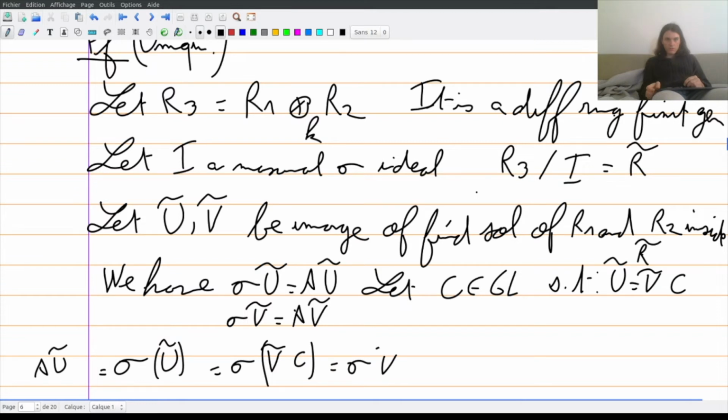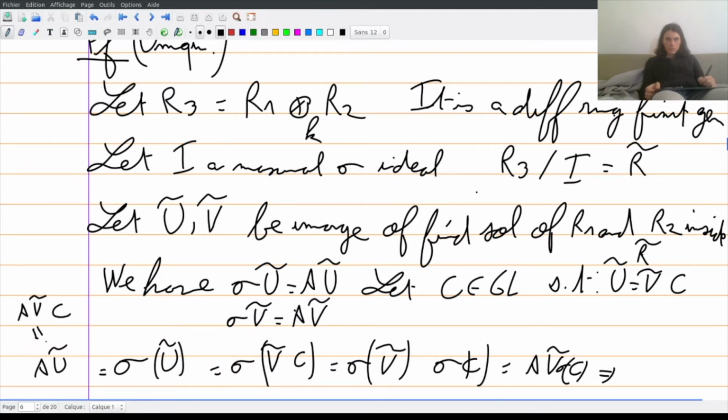I use the fact that it's a ring morphism, and so sigma of C. I may simplify by A times V tilde, and it implies that C equals sigma of C.